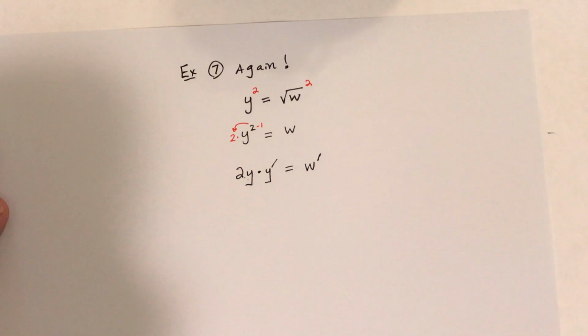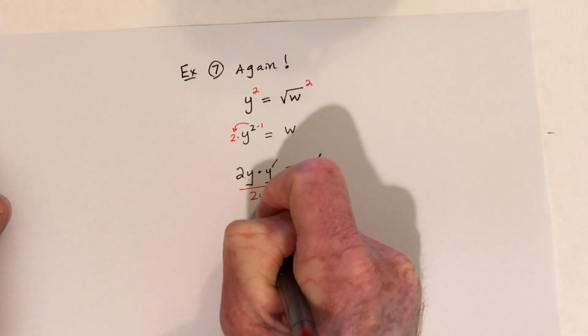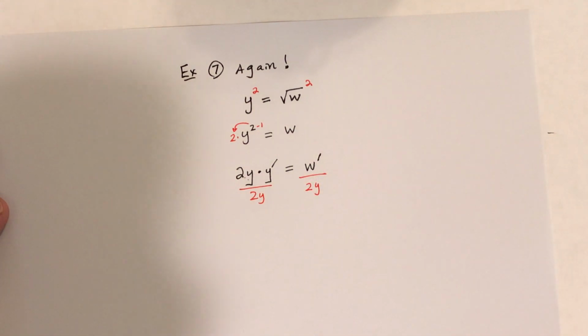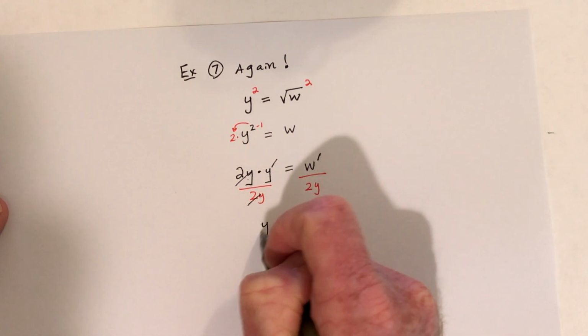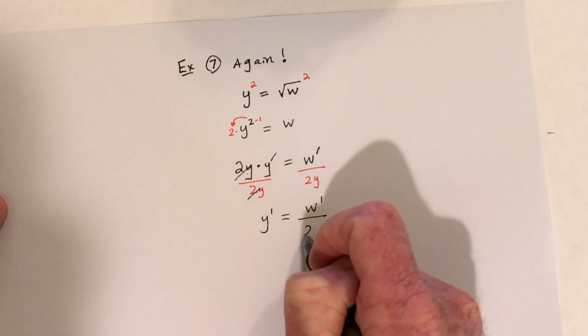Now I want to solve for the y prime, so divide both sides by 2y. And then after these cancel, I get y prime equals w prime on top and then 2y on the bottom.